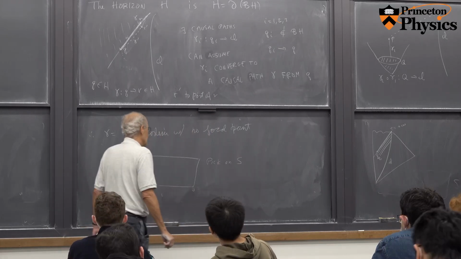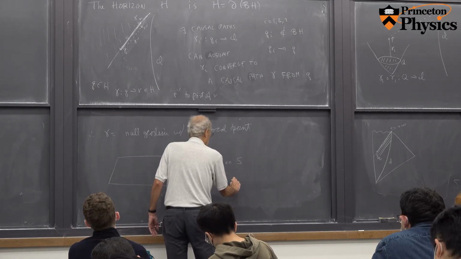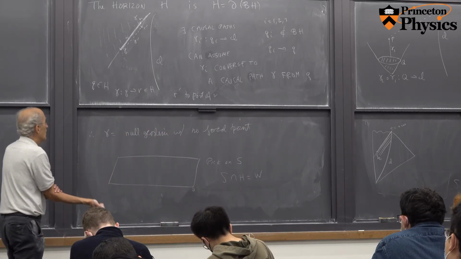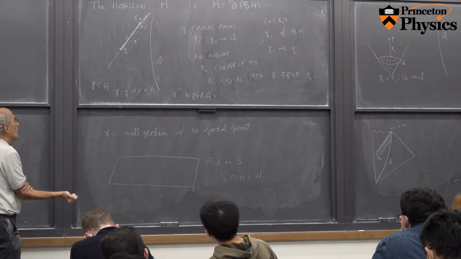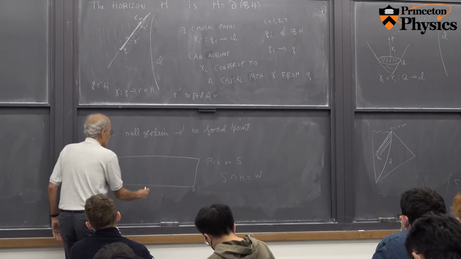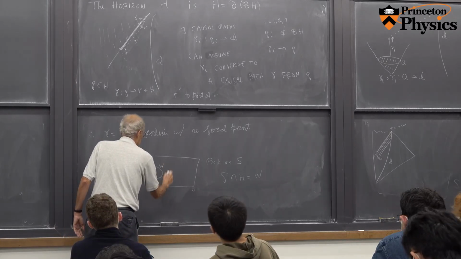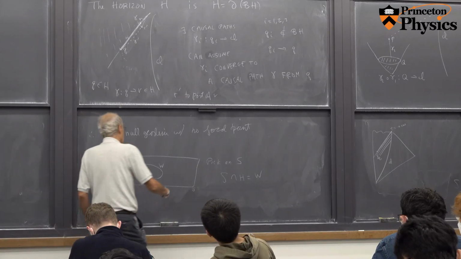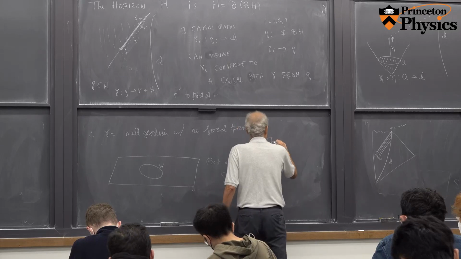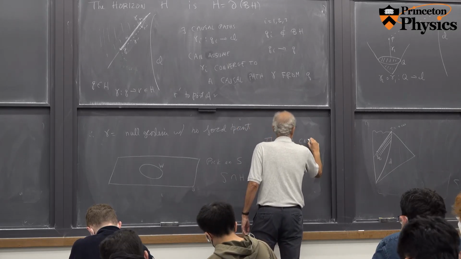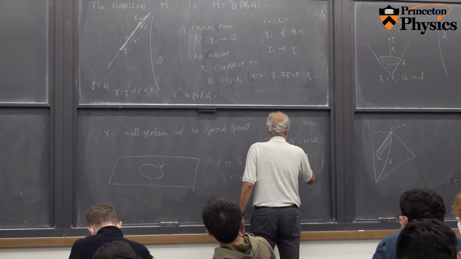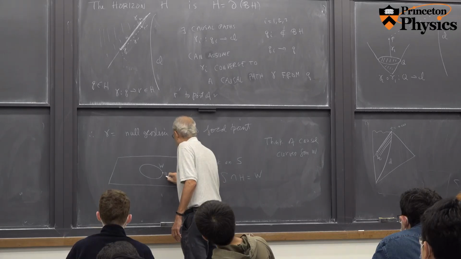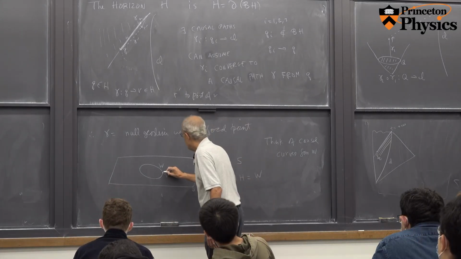We'll pick an initial value surface S, and then S intersect the horizon is going to be some 2-manifold W. And now we're going to think for a moment of causal curves from W. Well, if I pick any point Q on W, I can say the same thing as before.